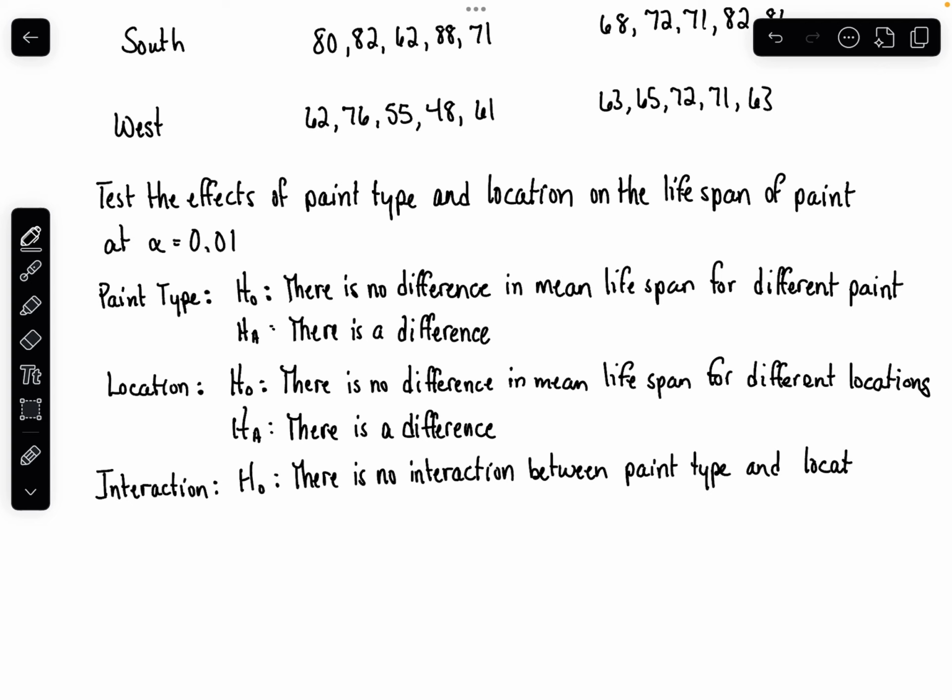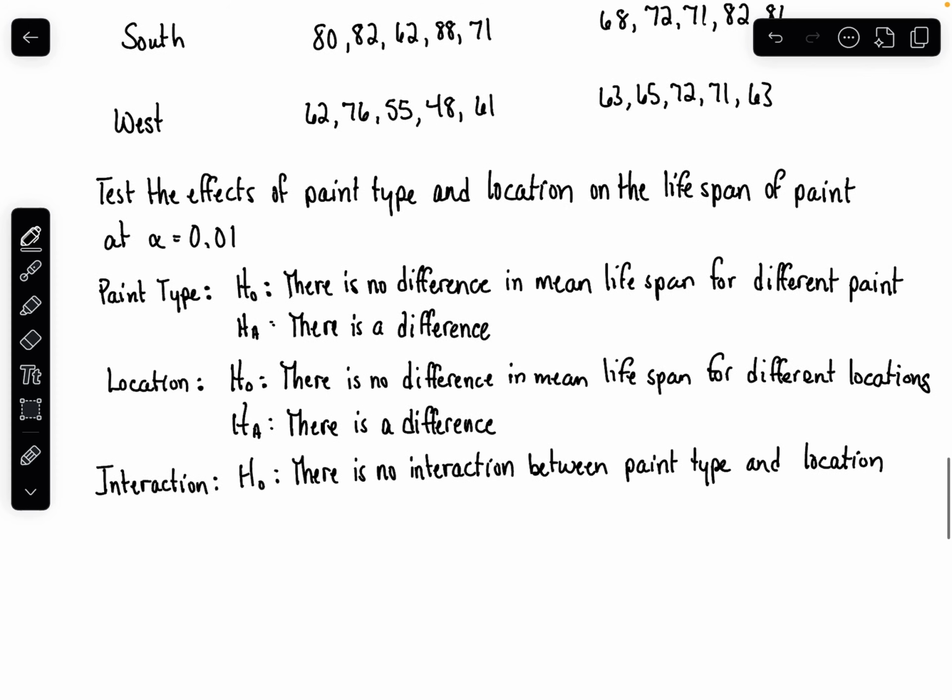And again, the idea here is that we start with the idea that there is no interaction. That is to say, if we are looking at enamel paint, we're not going to see a difference between the different regions. If we're looking at latex paint, we're not going to see a difference between the different regions. Or the alternative hypothesis, that there is some difference, that there is an interaction between them.